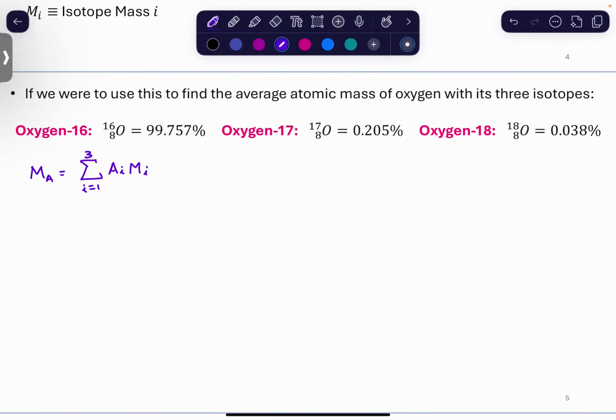And what this would turn into then is percent abundance 1 times the mass of isotope 1 plus the percent abundance 2 times the mass of isotope 2 plus the percent abundance 3 times the mass of isotope 3. And that would give us the average mass of oxygen.